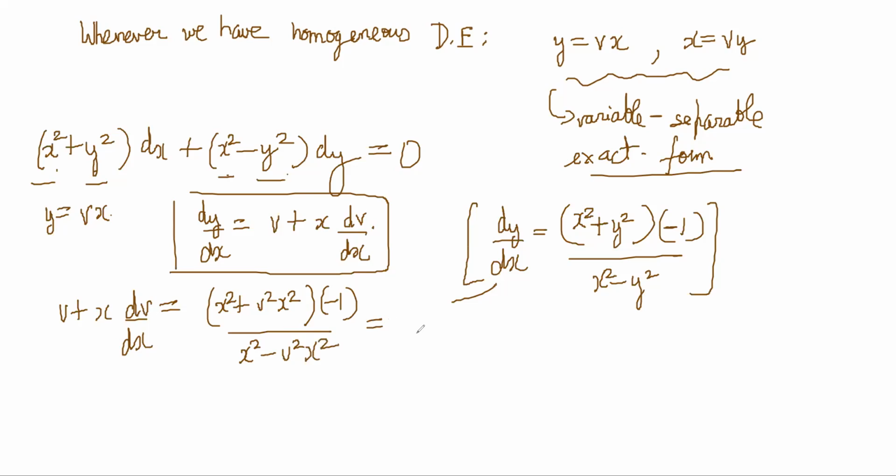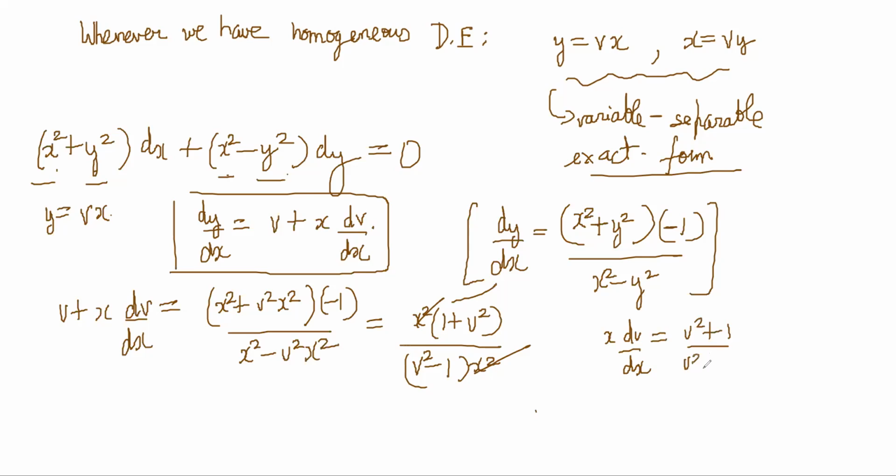So this becomes x square common, 1 plus v square by v square minus 1 into x square, right? I have taken the minus 1 down. Yeah, got it. So this becomes x dv by dx is equal to v square plus 1 by v square minus 1 minus v.